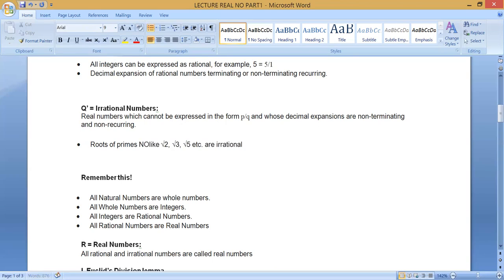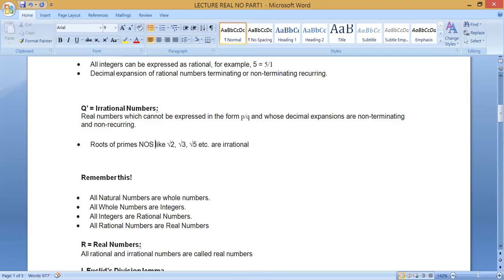So roots of prime numbers like root 2, root 3, root 5. If I ask you the value of root 2, you studied in the 8th class how to find the square root of 2, calculated up to 3 or 4 decimal places: 1.414 and so on.